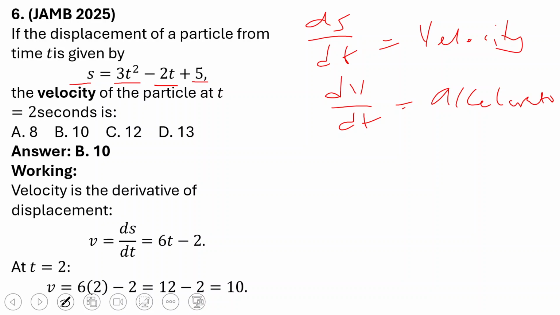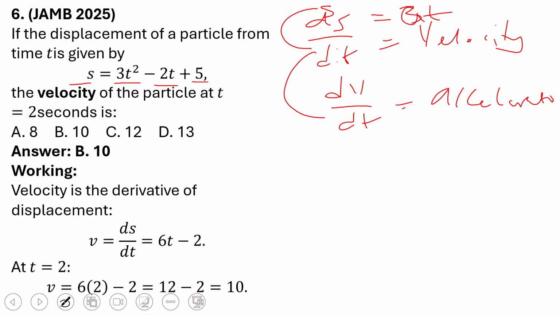So if we start from s equals whatever function in terms of time, let me say at, where a is a constant, if I differentiate the first one, I get the second one. This first differential is called the first derivative. And if I differentiate again and I get this one, then it is called the second derivative.